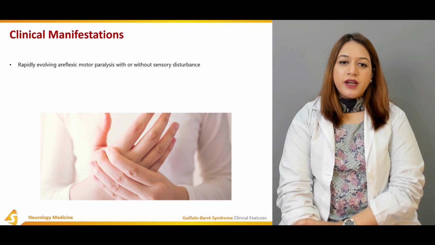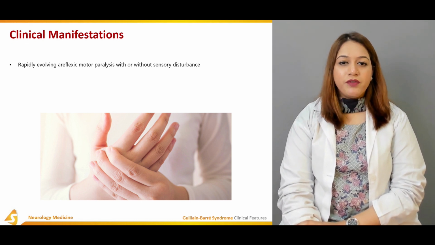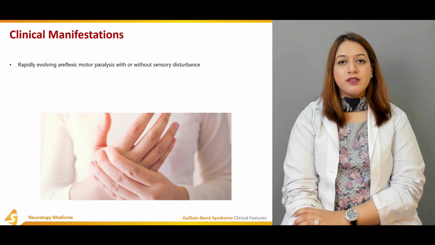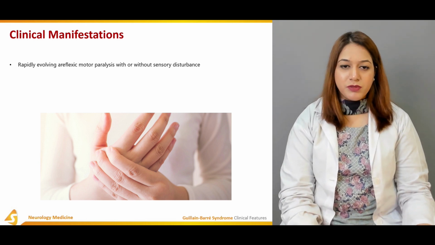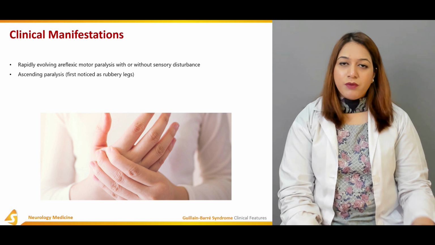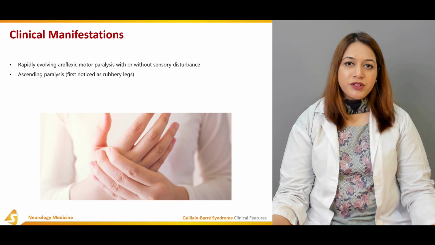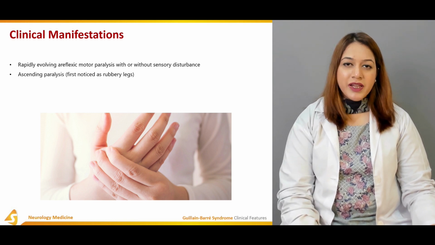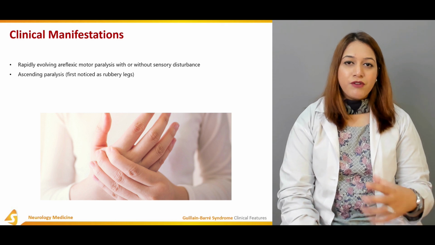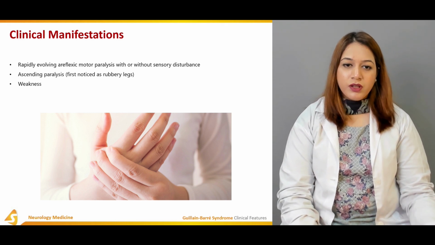So as we say, it is a rapidly evolving areflexic motor paralysis with or without sensory disturbance. I have already told you that it begins in the lower extremities and then it ascends bilaterally. The legs are first noticed as rubbery in appearance.